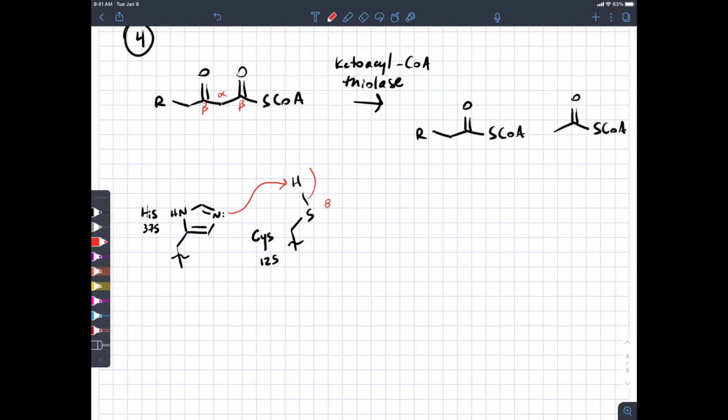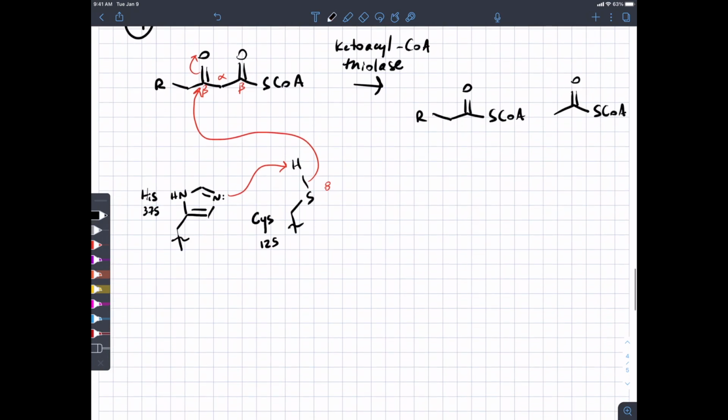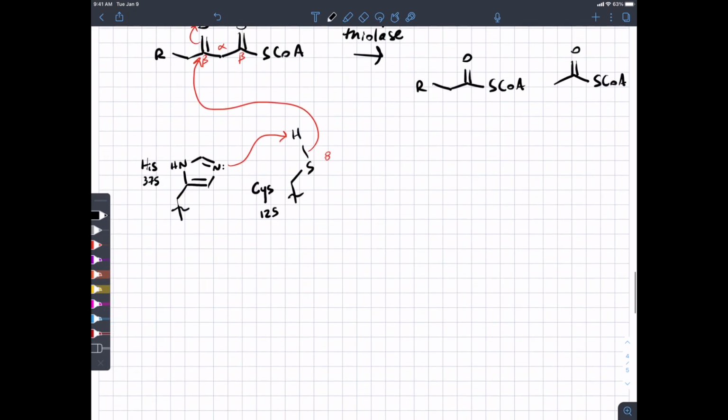So there we go. What will happen after the cysteine is deprotonated is we're going to use that thiol to attack the carbonyl carbon to get a tetrahedral intermediate. So let's show you the intermediate that we have at this point.